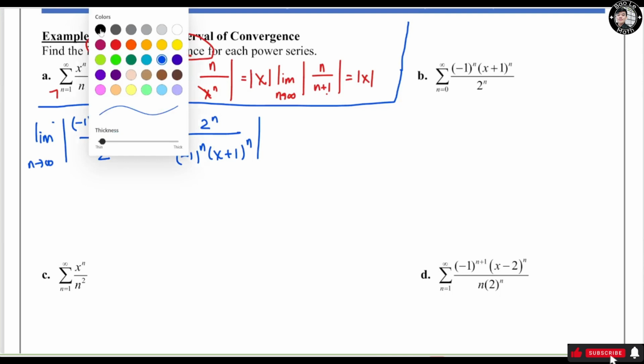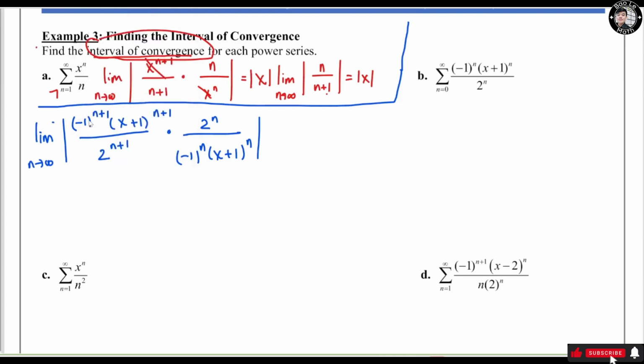Now we're gonna simplify this one. -1 raised to the n and -1 raised to the n cancel out. You have -1 raised to the first left, so when you take the absolute value, it's gonna be positive, so I don't worry about this one anymore. Now this and this cancel out. You have absolute value of s plus 1 left on the top.